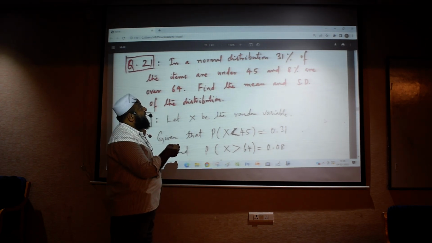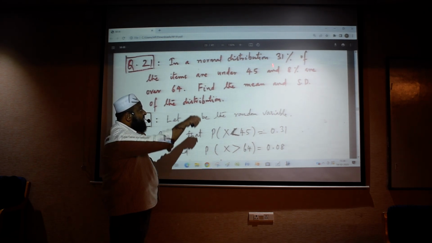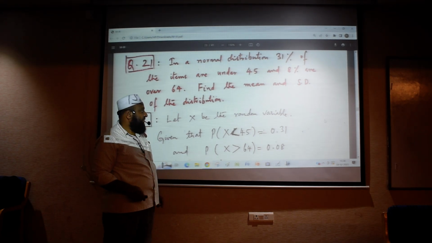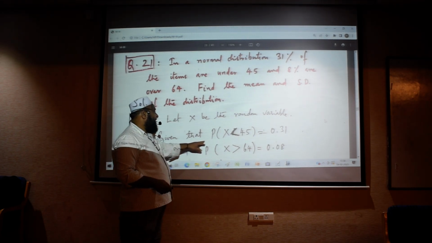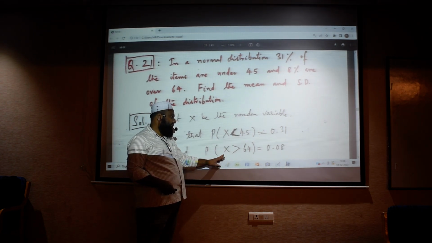How much is the percentage? 31%. Can I say 0.31 is the area? Given that P of X less than 45 is 0.31, we will convert into Z next.